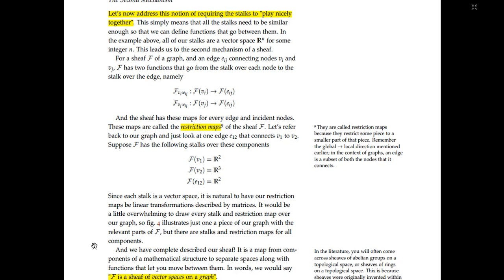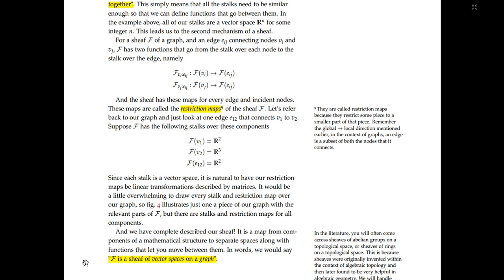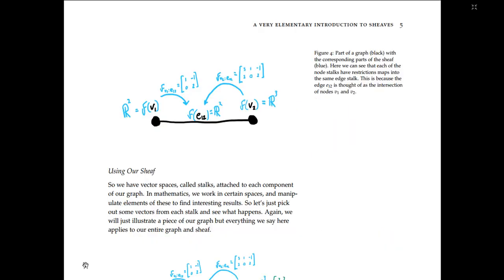Here we take a part of the graph like two nodes and an edge and we apply our construction, like we associate each node a vector space and edge a vector space.